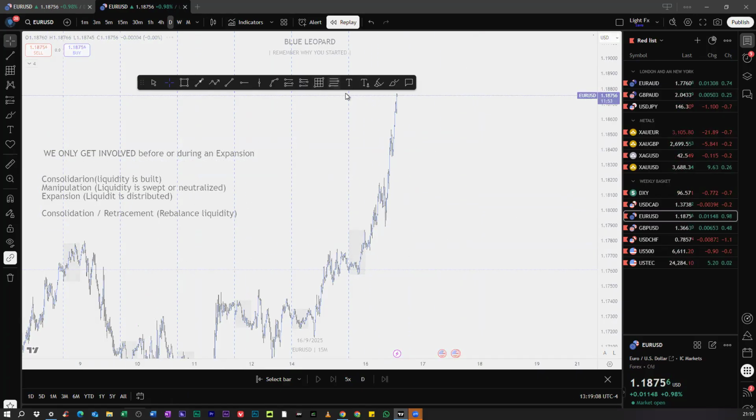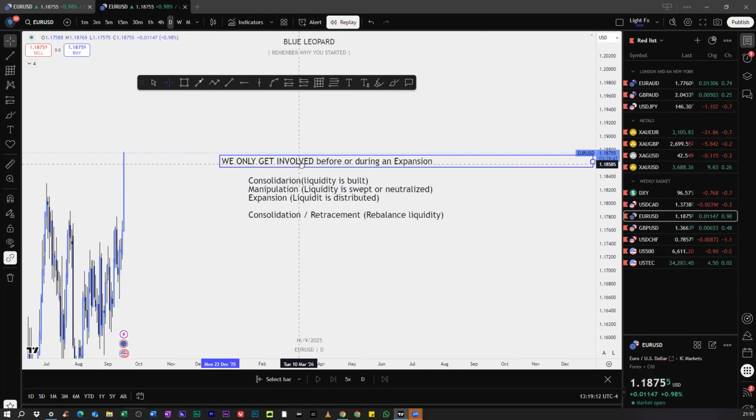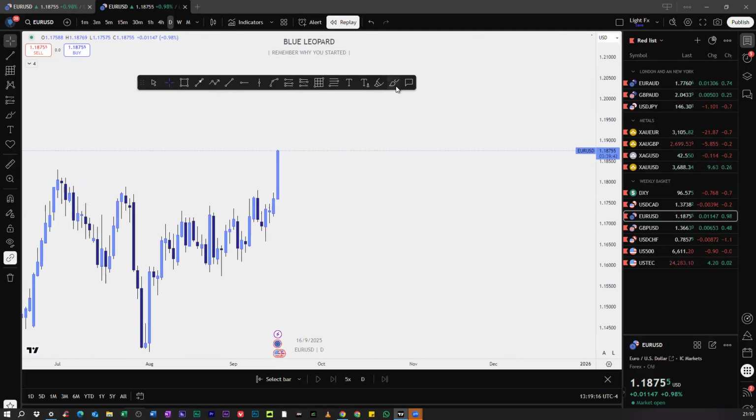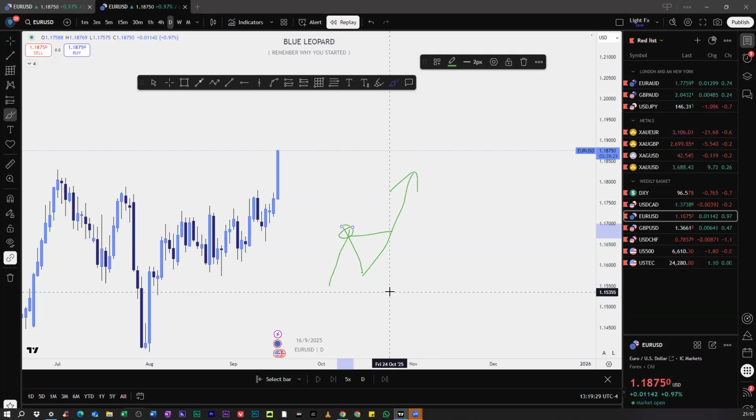When you come on a daily time frame here, this is an expansion, okay? What characterizes an expansion? It's sometimes a big candle breaking levels, okay? This is an expansion. It always breaks a level.